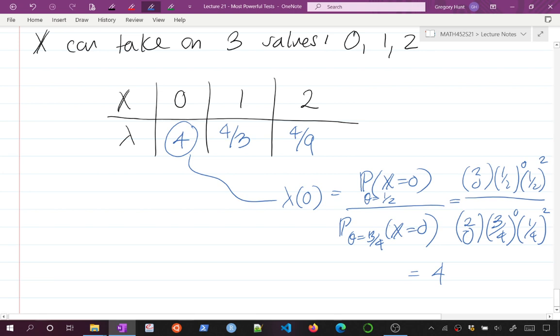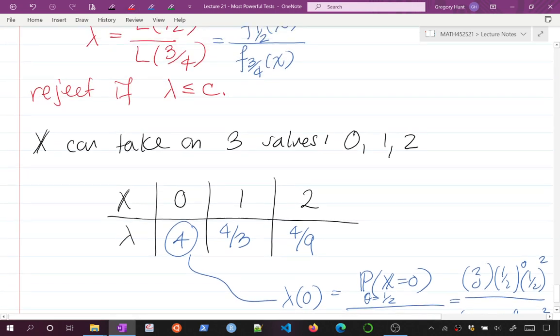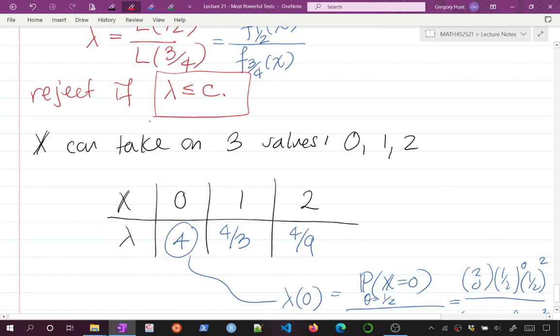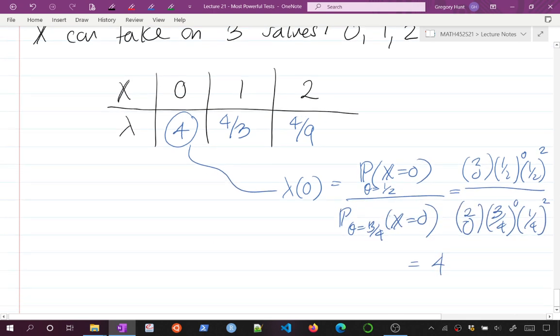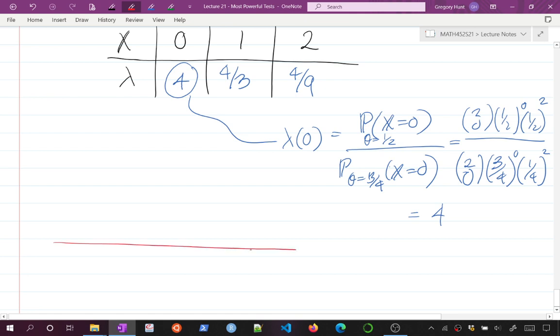4, 4/3, 4/9. And the LRT says, as we said here, we're going to reject if lambda is smaller than some threshold. So here are our possible values of lambda. It could take on 4/9, which is the smallest one.